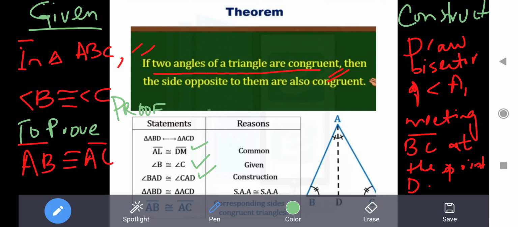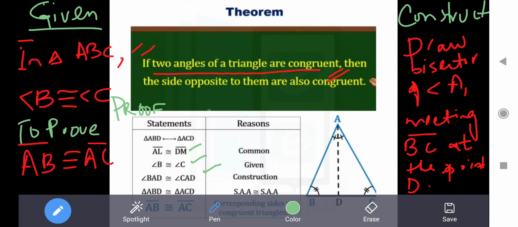This is side, this is angle, this is angle. Side angle angle postulate, and we are showing the congruency of these two triangles. Triangle ABD is congruent to triangle ACD with the help of the postulate. What is the postulate? You can see from here, side angle angle postulate.